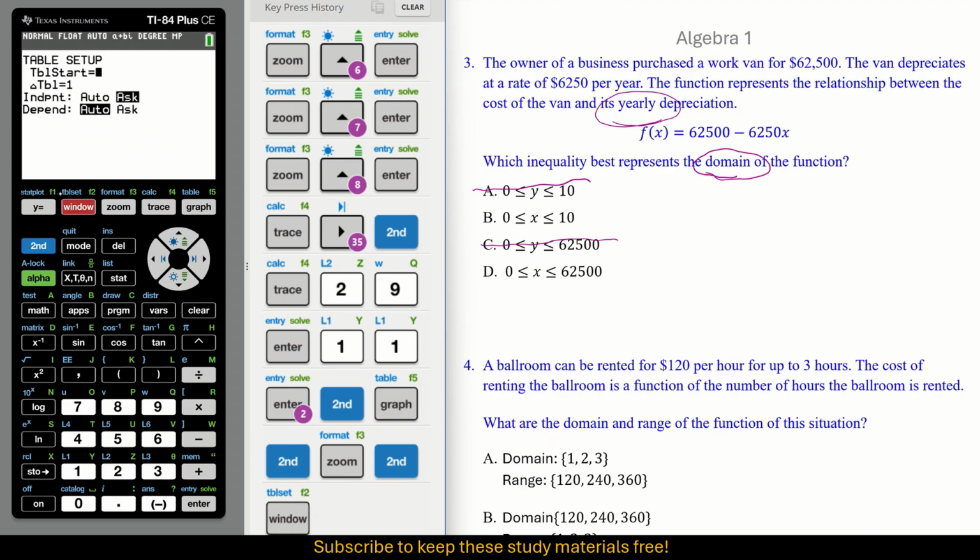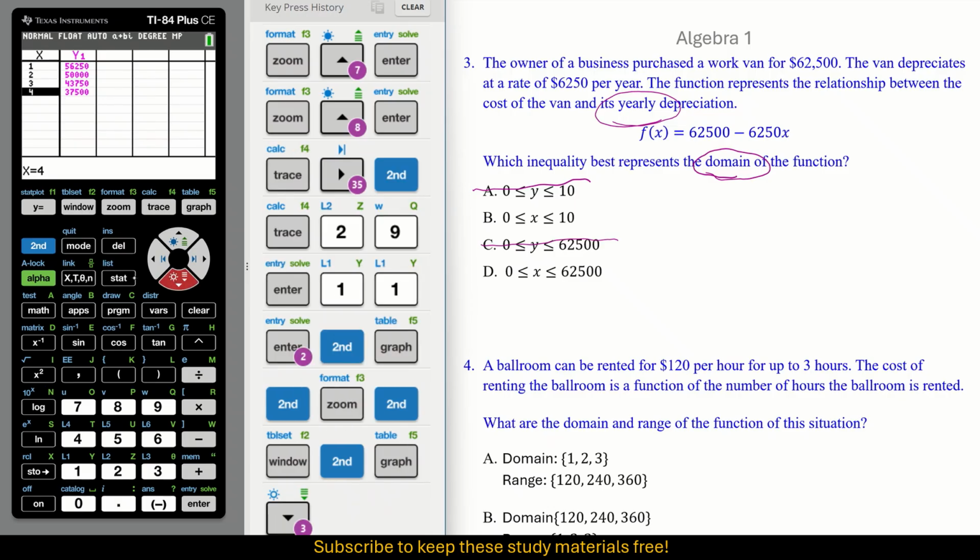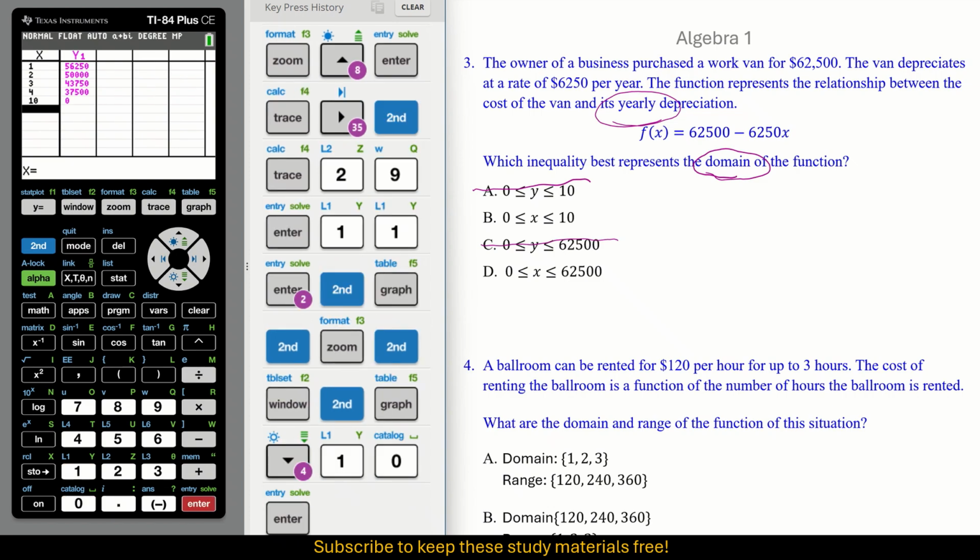And above that, it says table set. And you see it's on ask. We could go to auto and go up and down on our table if we want to, or we can continue to use ask. Okay, so second graph, and I've got 1, 2, 3, 4, and you see it's going down. But let's try 10 again. 10, enter, and there you go.